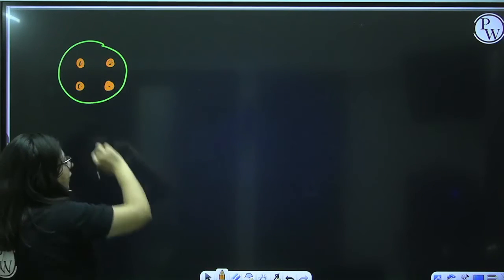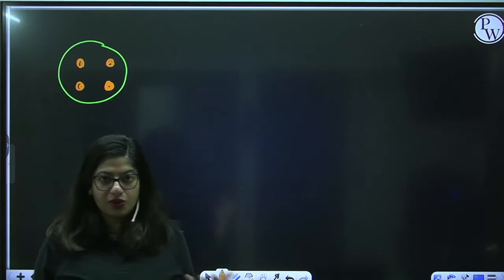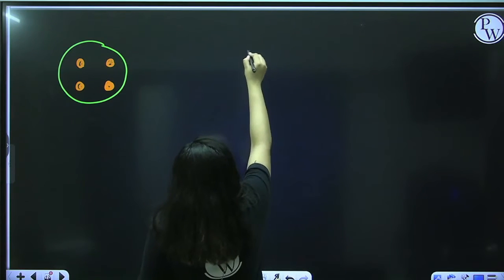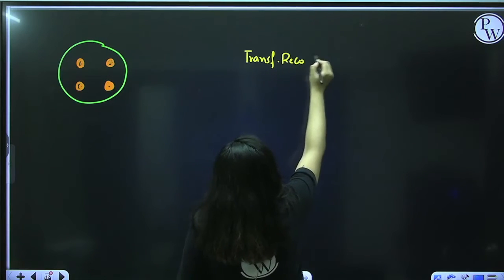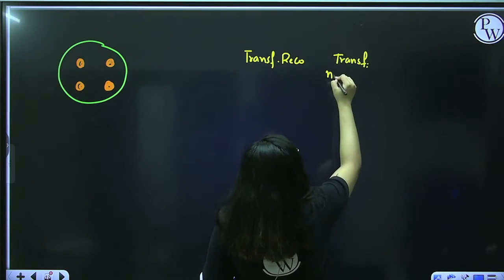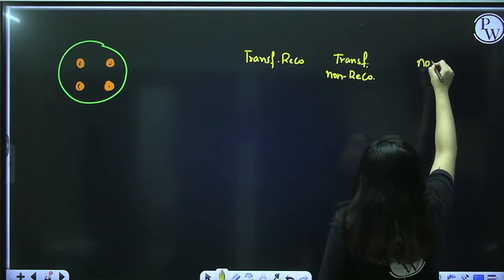Now I need to find out which is transformant and which is non-transformant, which is recombinant and which is non-recombinant. Okay, let's see. First of all, let's segregate it. One is transformant, recombinant, that we need. Another is transformant, non-recombinant, and the third one is non-transformant.